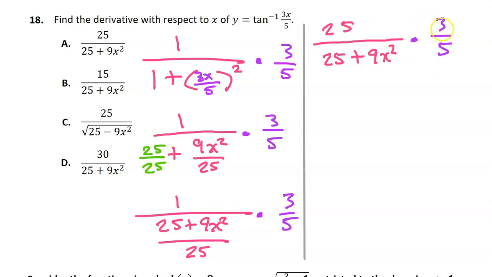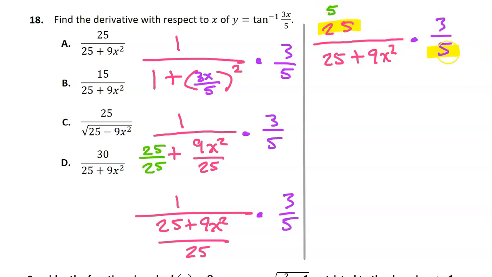Before I start multiplying everything by 3 and 5, it would be wise for me to look back at my multiple choice answers. I know that 3 times 25 is 75, and interesting, I don't see 75 in any of these numerators. What's happening? Well, let's go ahead and reduce the 25 and the 5 right now. 5 goes into 25 5 times.